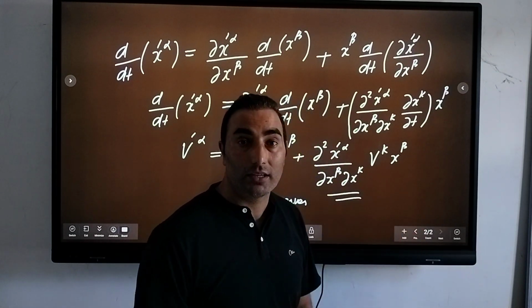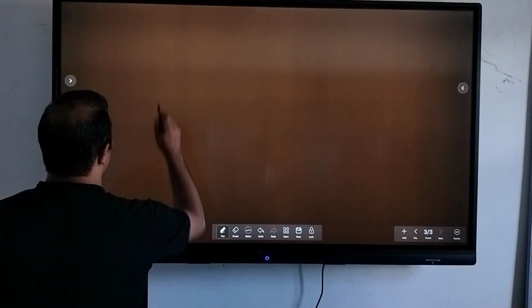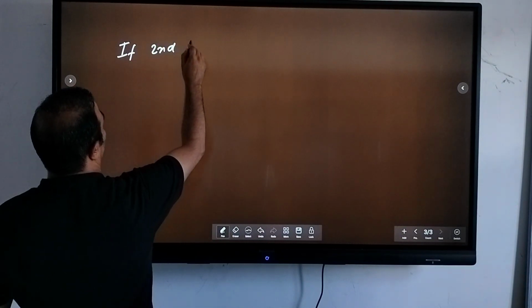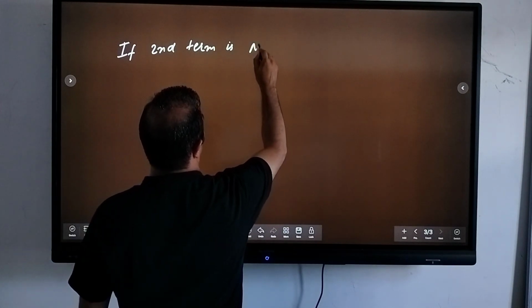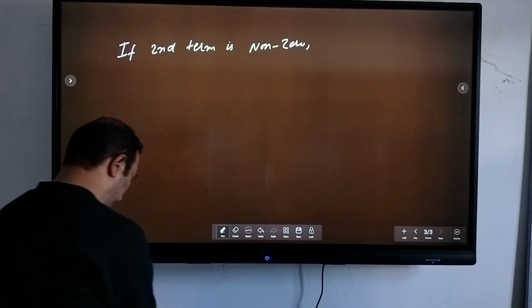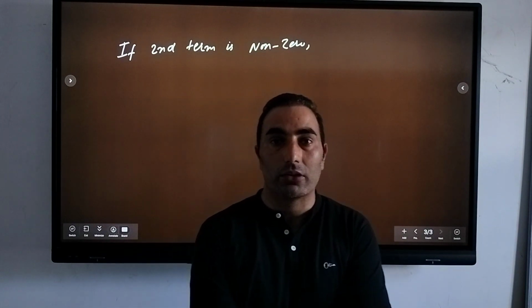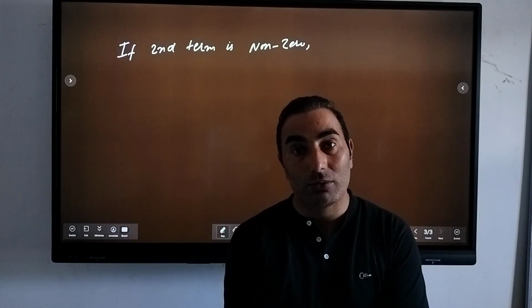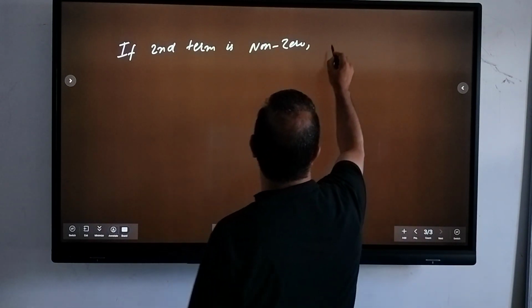Now if this term is non-zero, so what will happen? So that means if our second term, this double derivative, second derivative, is non-zero, it spoils our coordinate transformation, right?